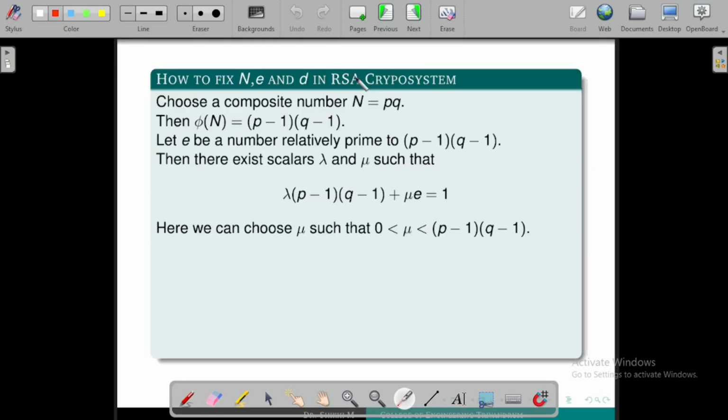Now we are going to the procedure of the RSA cryptosystem. We will use the previous results to fix capital N, E and D in the RSA cryptosystem.